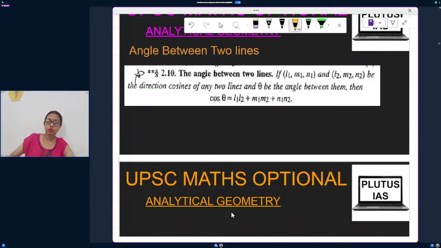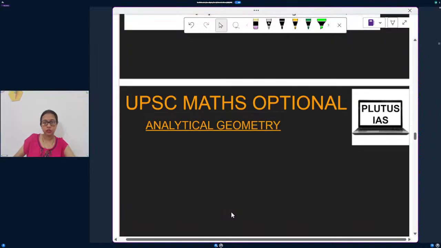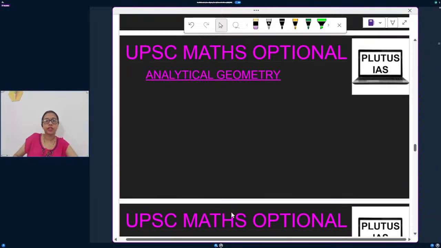But even if, instead of direction cosines, they have given us direction ratios, then also you can find the angle.